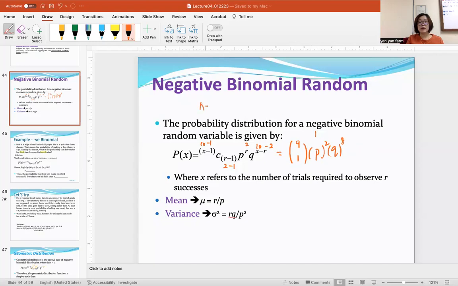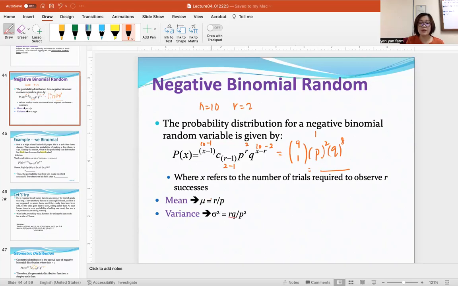Like I mentioned to you, I have 10 trials, and I would like to have 2 successes. So for the negative binomial distribution, I have this equation, and then you can try to find out the value for this.